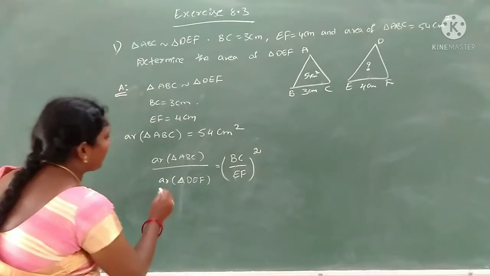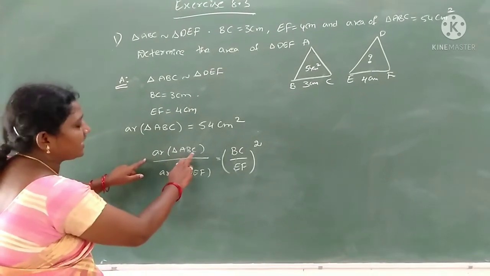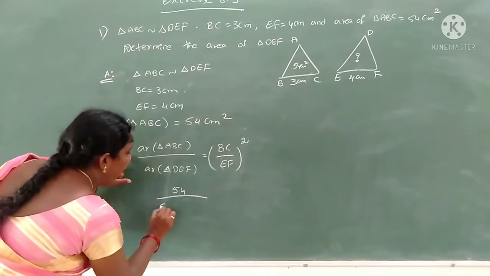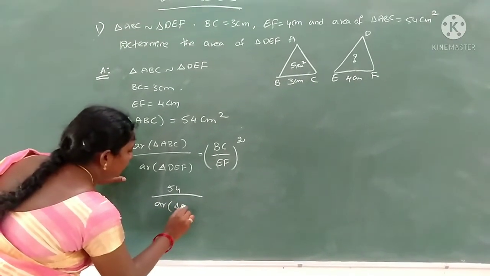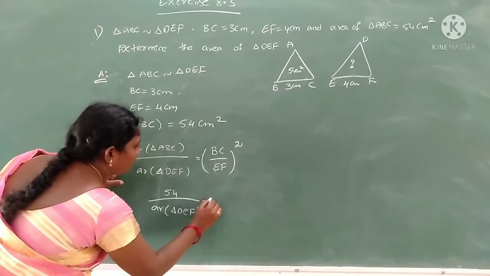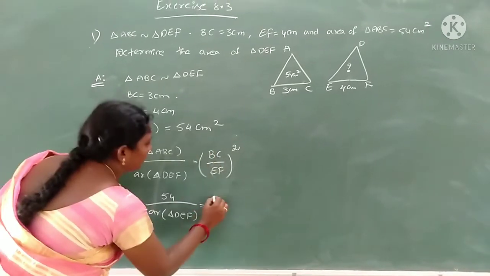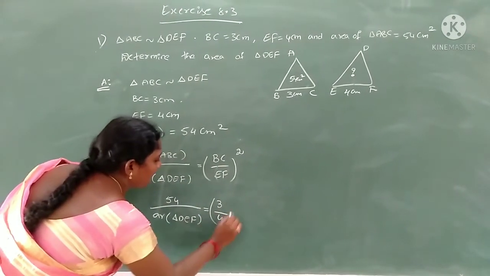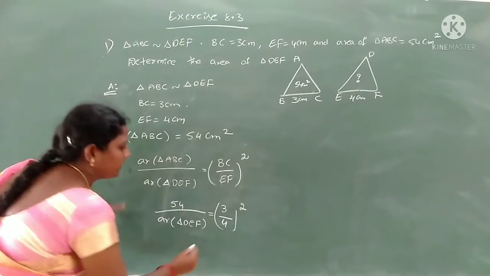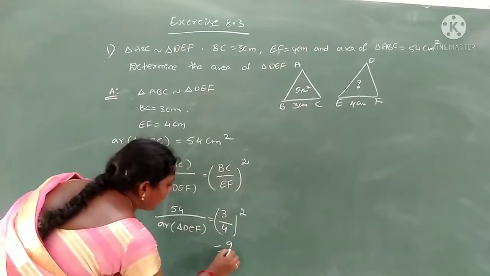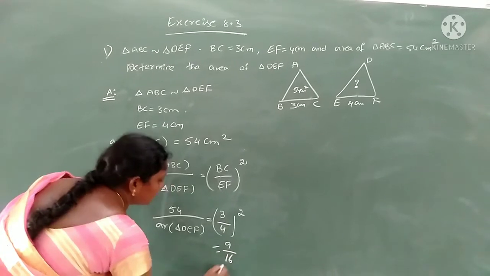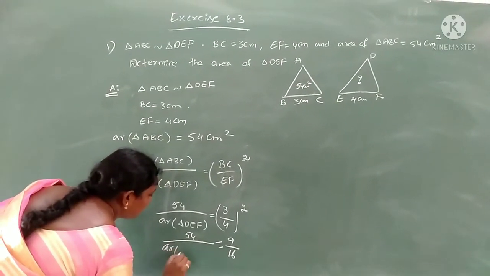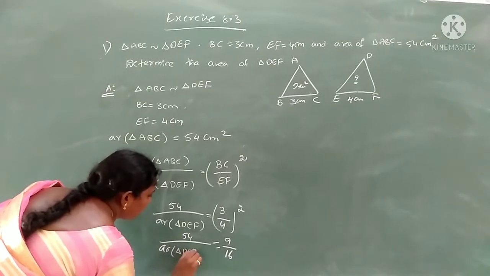Substitute the values. So area of triangle ABC, value 54, by area of triangle DEF equal to BC value 3 by EF value 4, 3 by 4 whole square. That equals 3 square 9 by 4 square 16. 54 by area of triangle DEF.